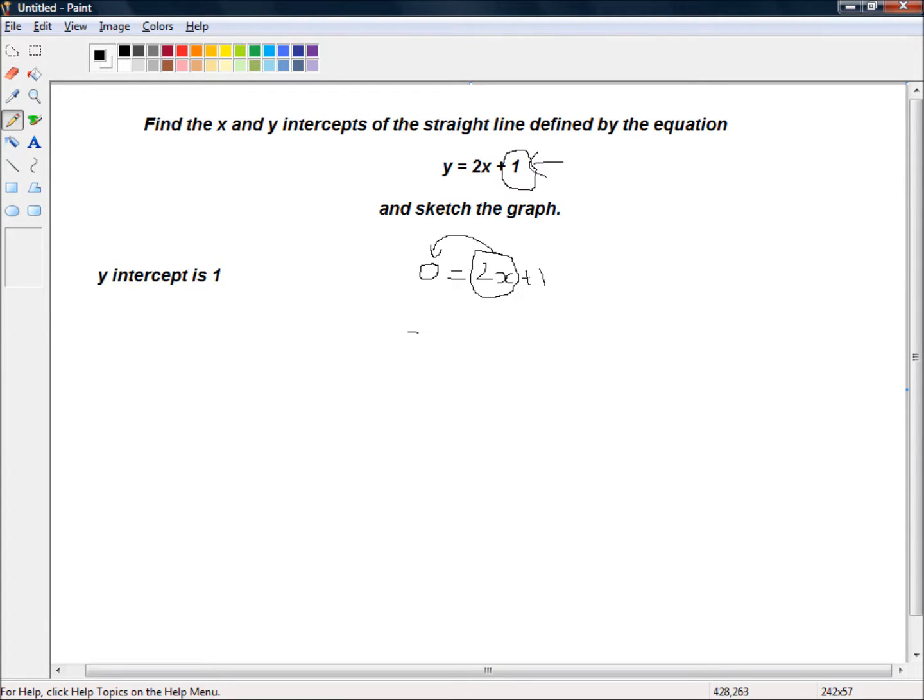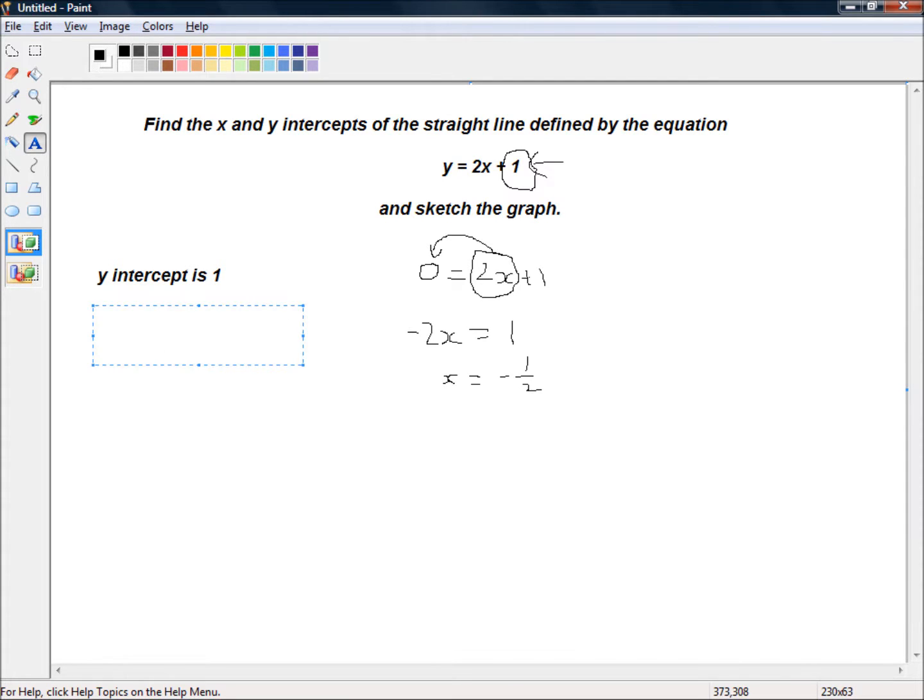So that becomes negative 2x is equal to 1. Now if I divide both sides by negative 2, x is equal to negative 1/2. Again, I'm going to type the answer. So the x-intercept is negative 1/2.